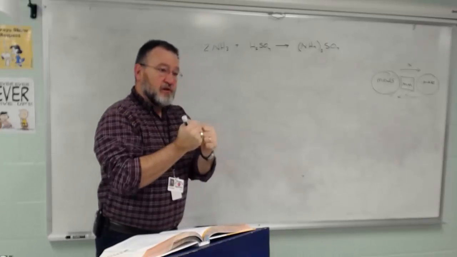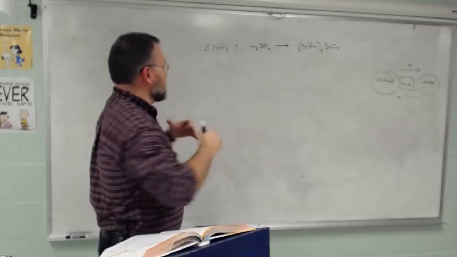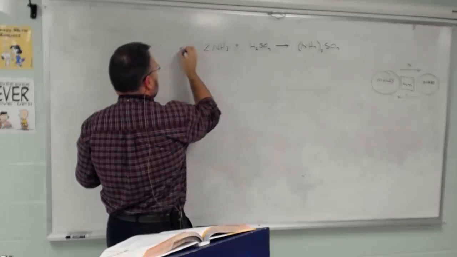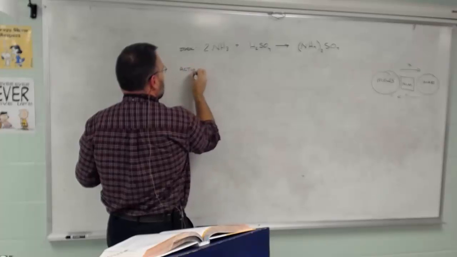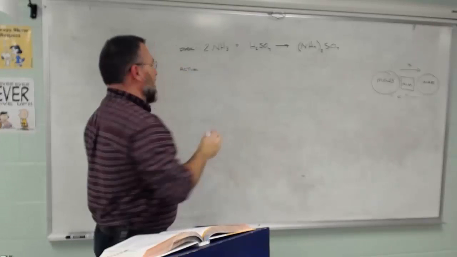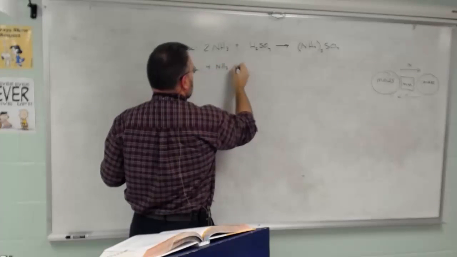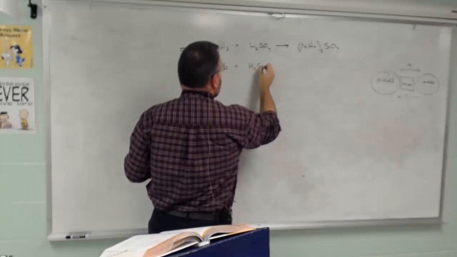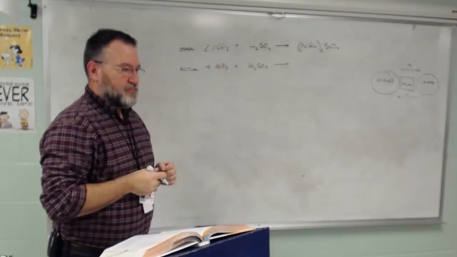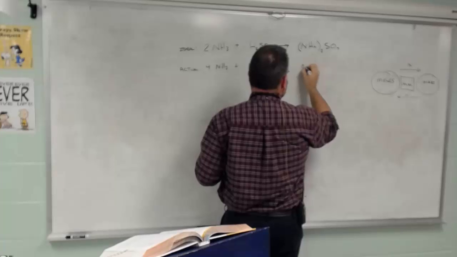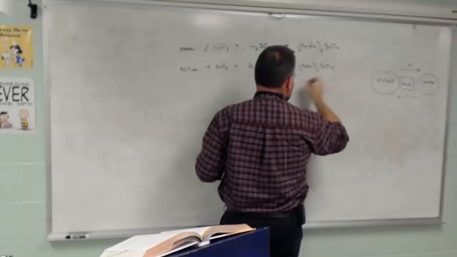But let's say in real life, I find that as I mix these things together in a beaker to make this reaction take place, this is ideal, and this is actual. In the lab, let's say I actually combine 4 NH3 and 1 H2SO4, and it's going to react to produce a certain amount of (NH4)2SO4, or excuse me, ammonium sulfate.